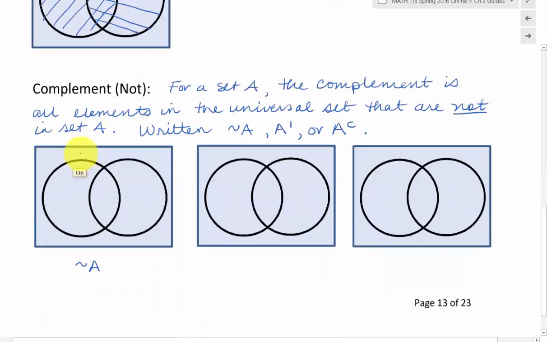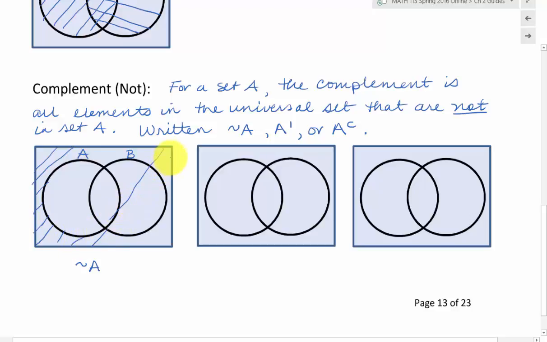If I have two sets A and B, and I want to show not A, I am using everything that's outside of the A ball. So think of that A as a big ball that's holding all of the items.